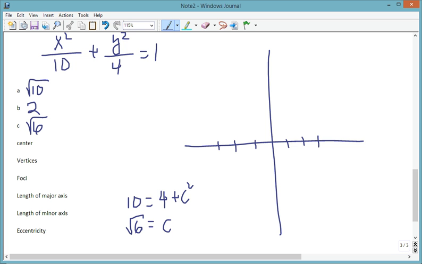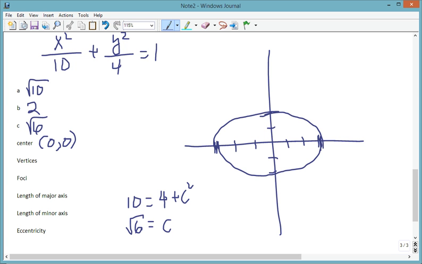Square root of 10 is a little bit bigger than square root of 9, which is 3, so it's going to be just a little bit bigger than 3. I'll go up 2, down 2.